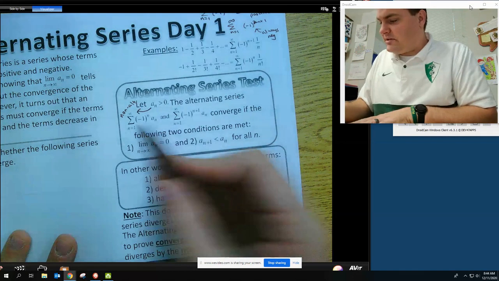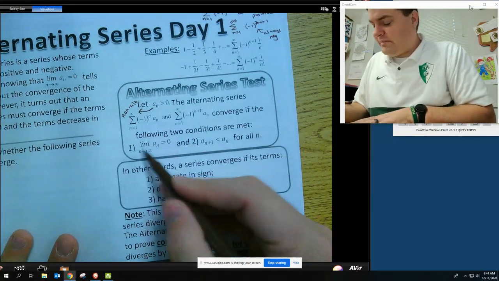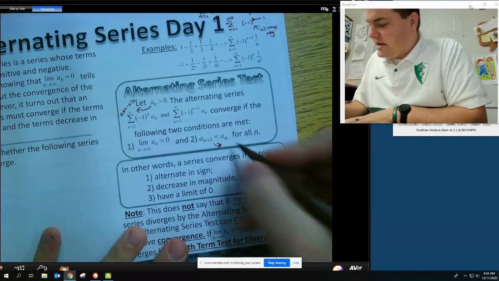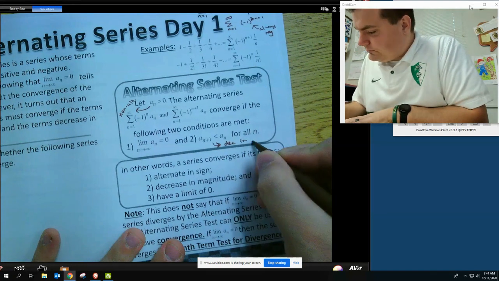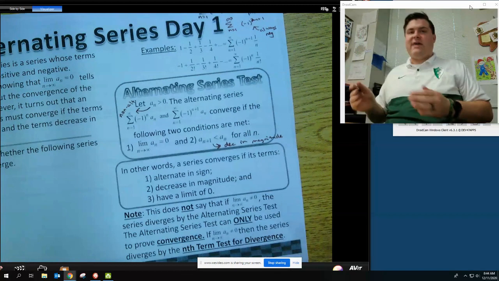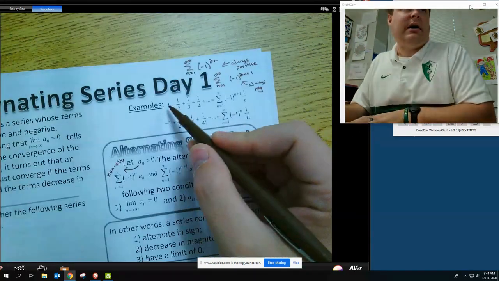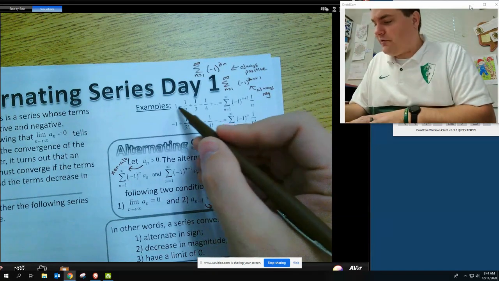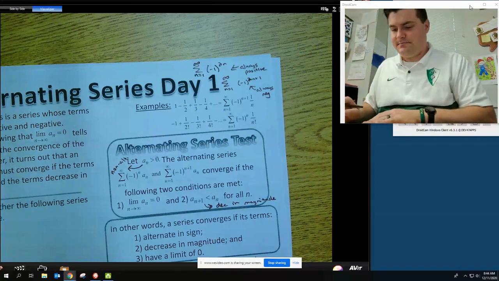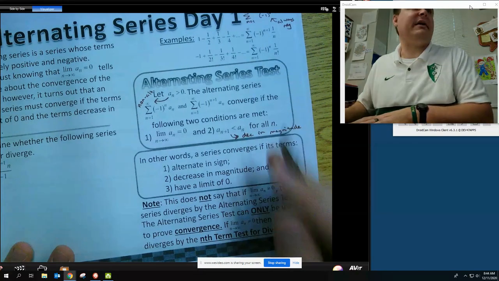Okay, so the series converges if the following two conditions are met: if the limit is equal to 0, and if this is decreasing in magnitude, which means that the absolute value of it is always getting smaller. So like for this one, if you ignore the signs, you go from 1 to 1/2 to 1/3 to 1/4, that's decreasing in magnitude.